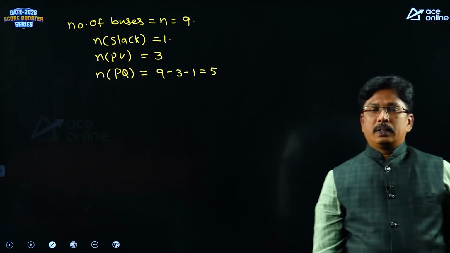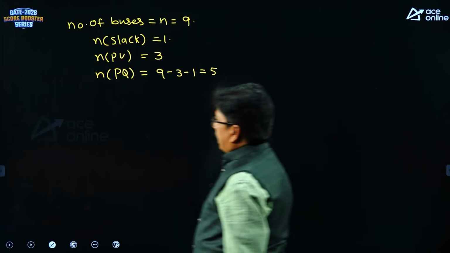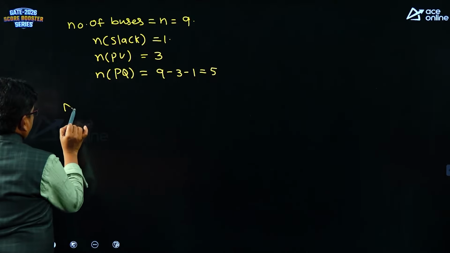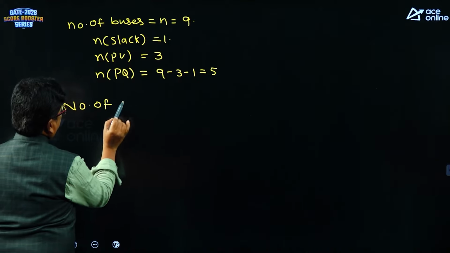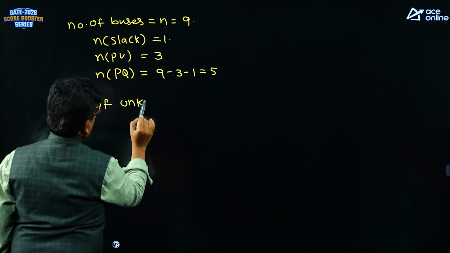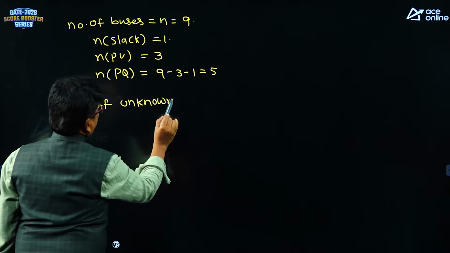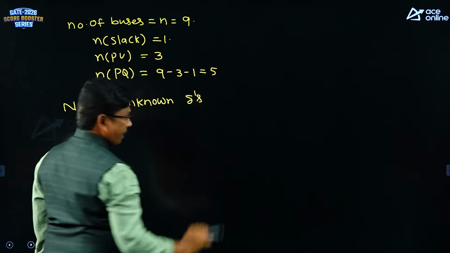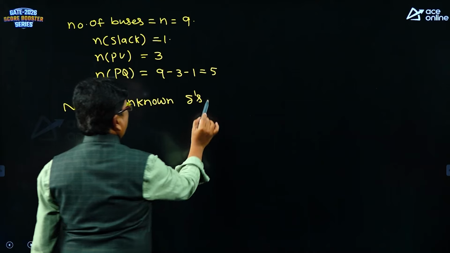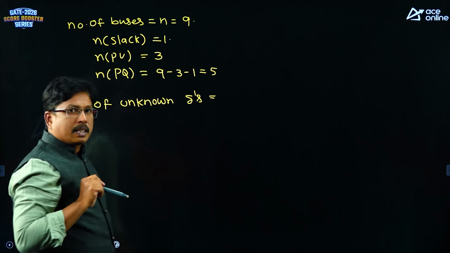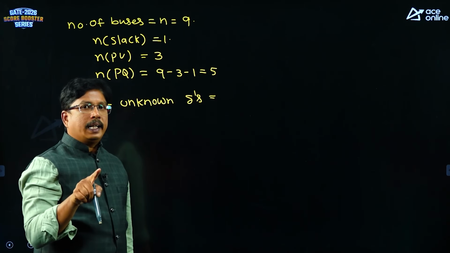Now, the number of unknown deltas as state variables. Where is delta known? Delta is known only at the slack bus.